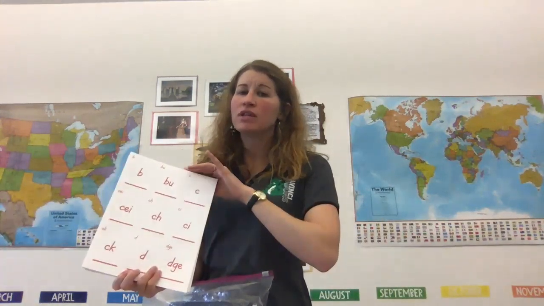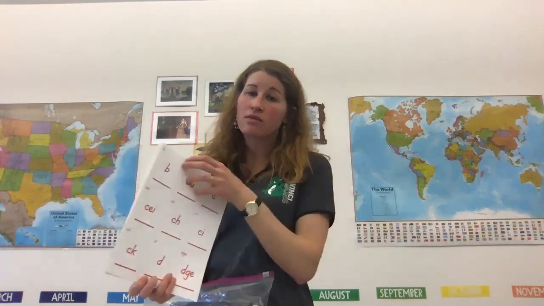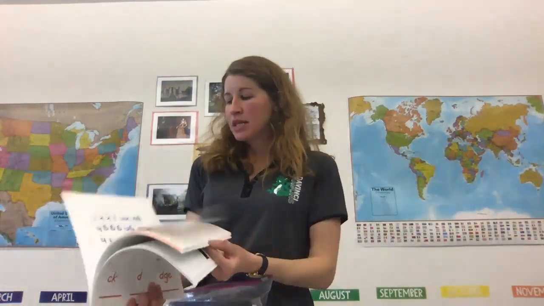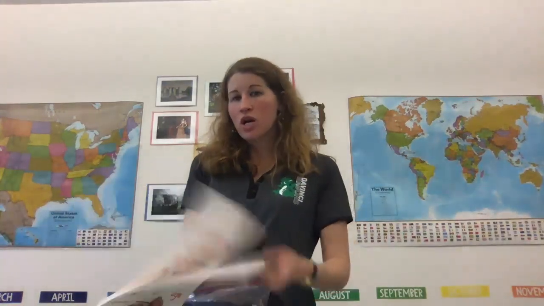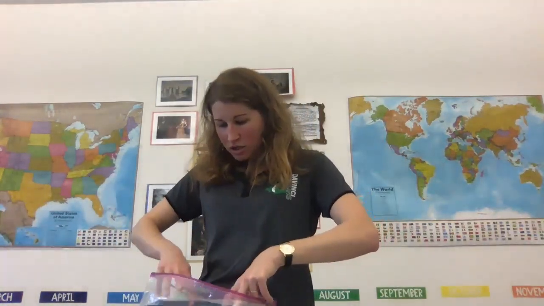It shows you the lines to cut on, and those are used for various games you play to learn all of these phonograms. Phonograms are just a fancy word for learning the sounds of the letters and the letter combinations, okay? There are more cards for doing different games and activities. You have that. In it, you have a teacher's manual.